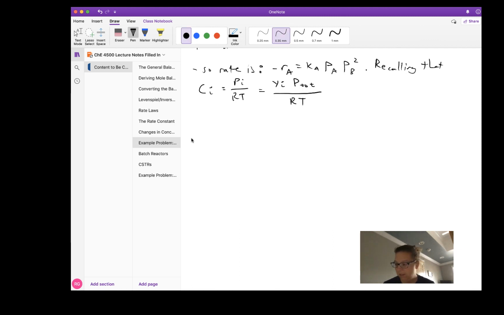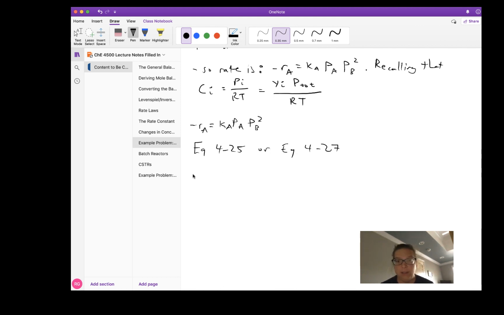Okay, so now let's take this expression and write it in terms of conversion. There are a couple of equations in the book that we can use to do this. We can use either equation 4-25 or equation 4-27.